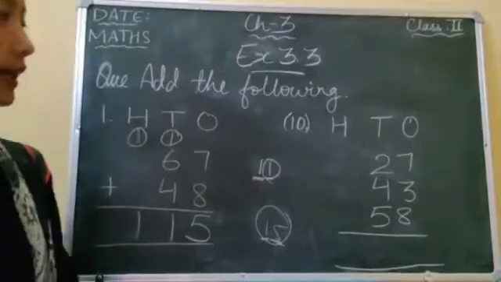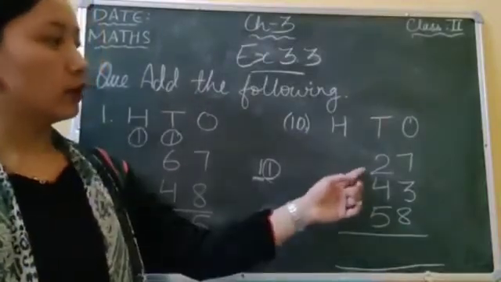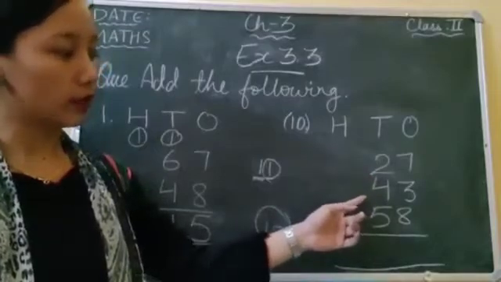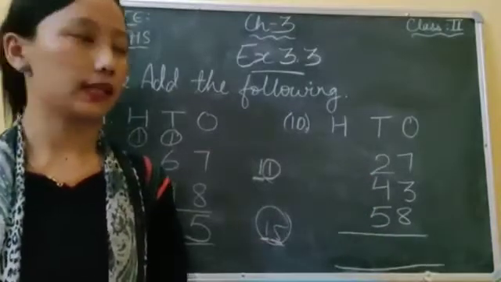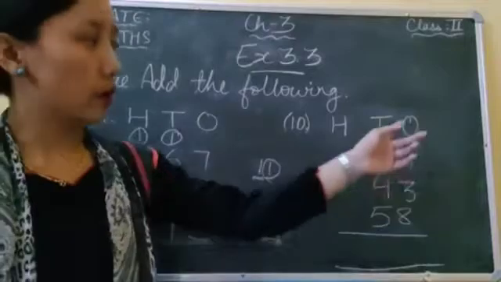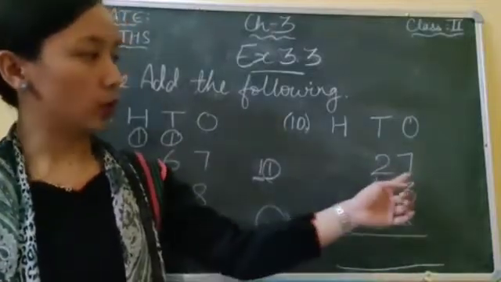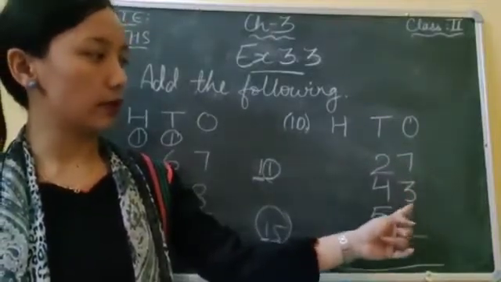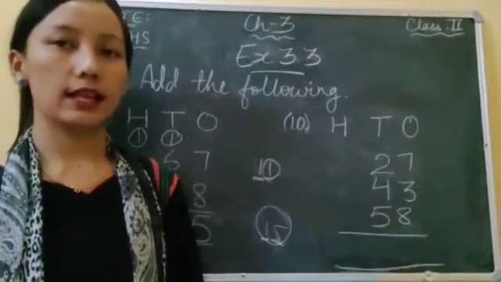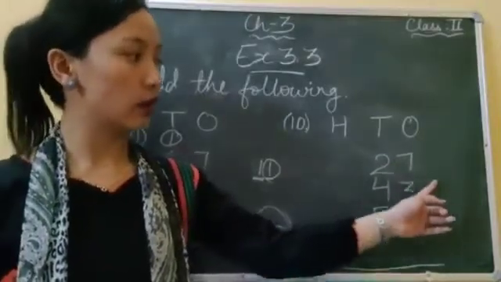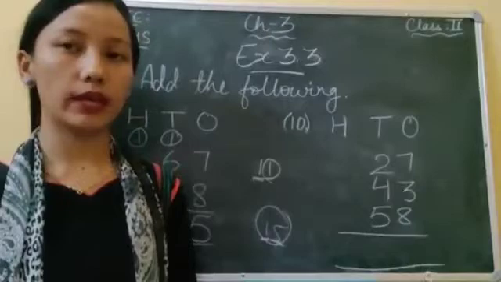Okay. Now next we have 27 plus 43 plus 58. Now add the ones column. We have 7 plus 3 plus 8. Let's add the first two numbers first. 7 plus 3.